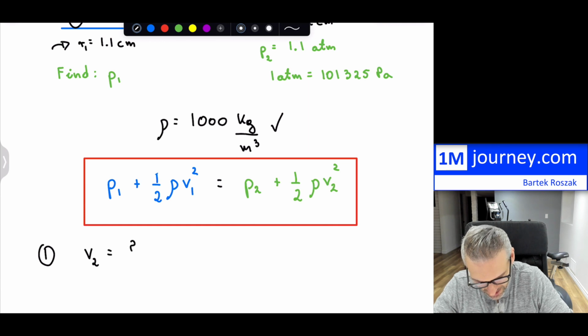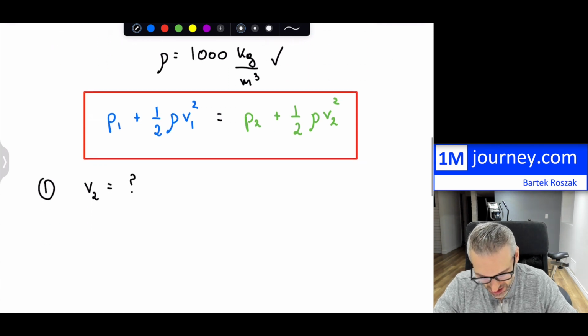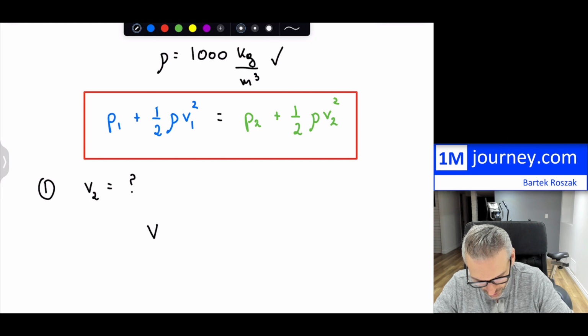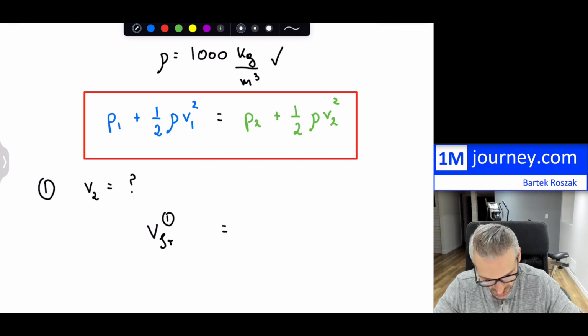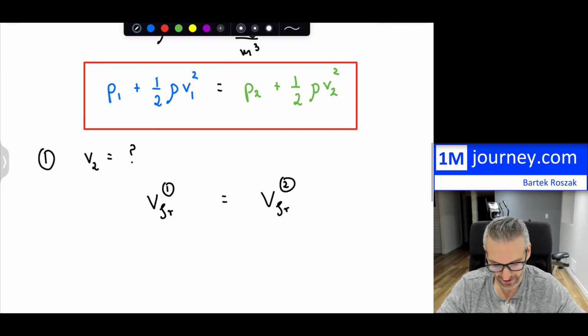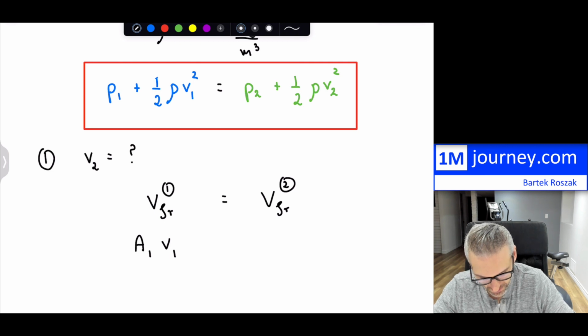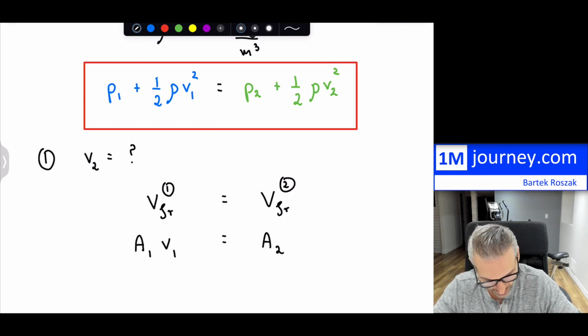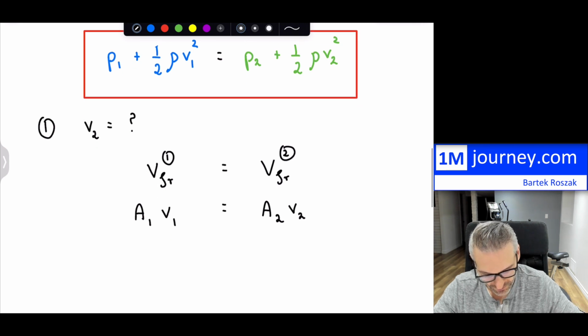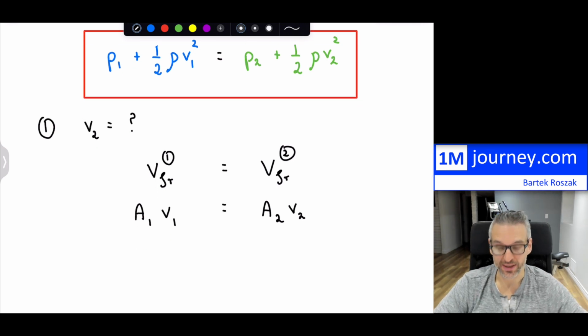So what is my speed? Well, my speed comes from the fact that the volume flow rate from the first tube is going to be equivalent to the volume flow rate of the second tube. So that's what I have there. It is the cross-sectional area multiplied by the speed is equal to the cross-sectional area of the second tube times its speed. Now, I know what the areas are in here.